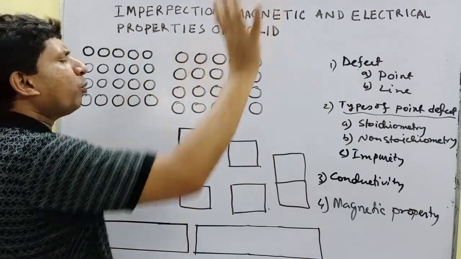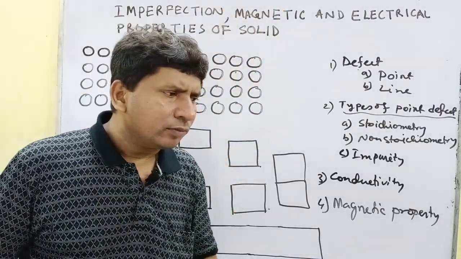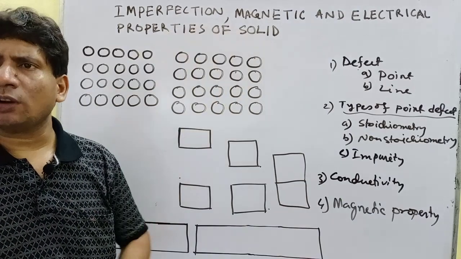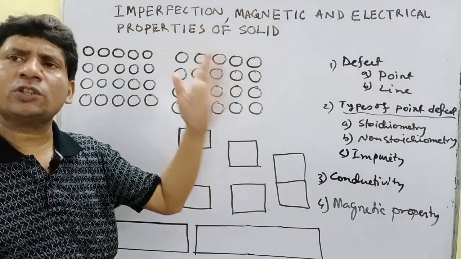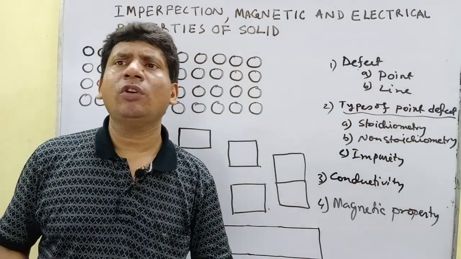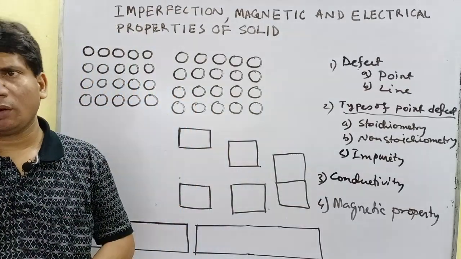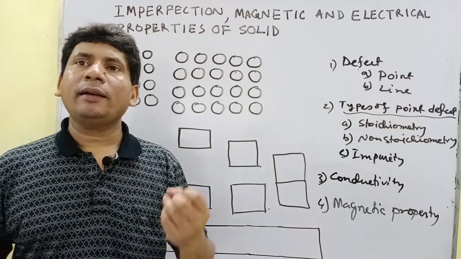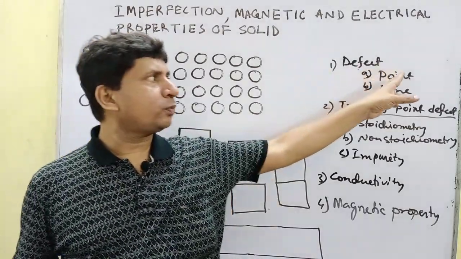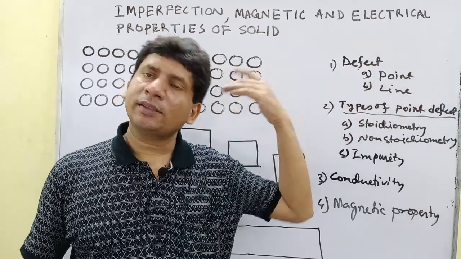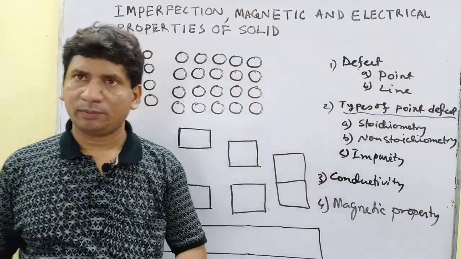If any point is disturbed from its position or deviates from the position, then the solid will be imperfect. And the defects are of two types. First one is point defects and second one is line defects.